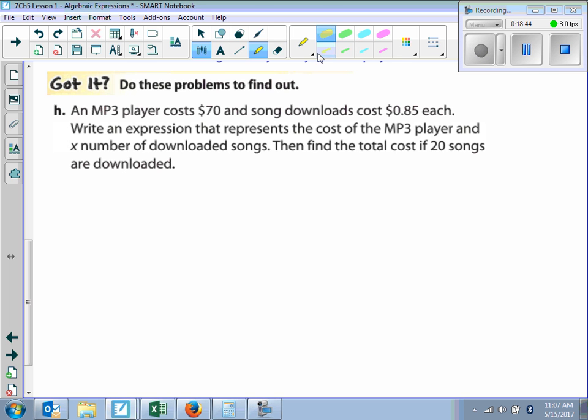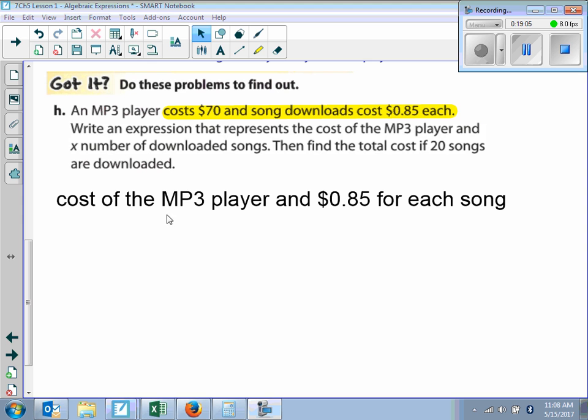So the expression from the problem, it says that the MP3 player costs $70 and song downloads cost 85 cents each. Now, the expression that they want us to write is the cost of the MP3 player and the number of downloaded songs, right? So we have the cost of the MP3 player and 85 cents for each song.